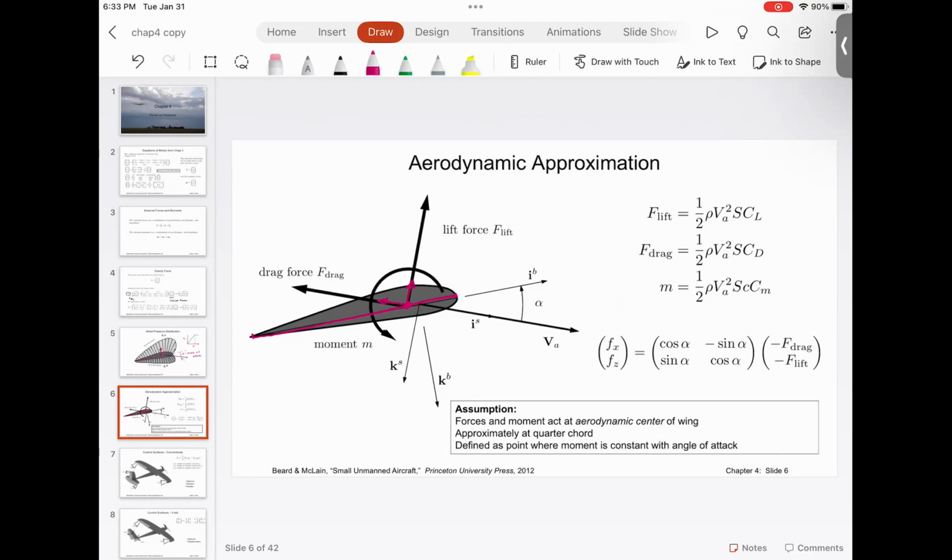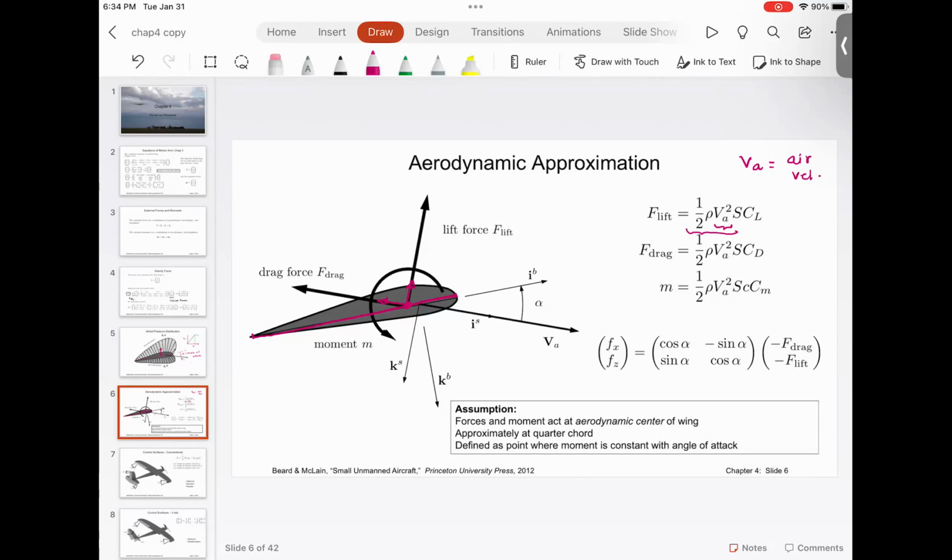Now, there is a concept called the dynamic pressure. VA is the airspeed or air velocity. Air velocity is the relative velocity of air with respect to the aircraft. When you multiply that by rho and multiply with 1/2, this is something similar to the kinetic energy.